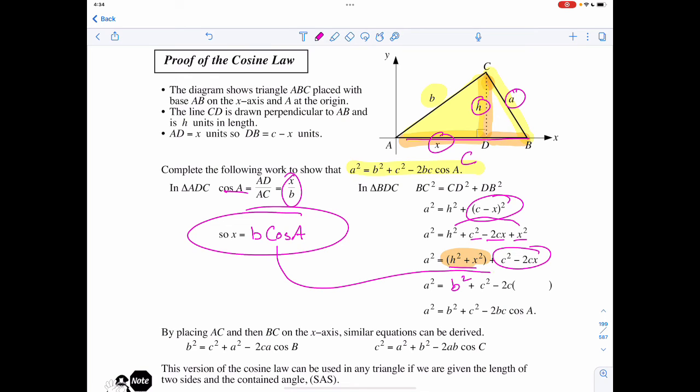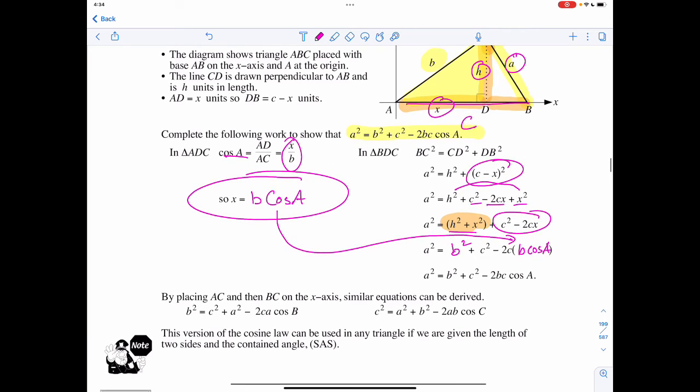So we substitute that in and call that b cos A. So now I can say that a squared is equal to b squared plus c squared. All they did was they rearranged the order of the multiplication. They multiplied the b first instead of c, but it doesn't really make a difference. Minus 2bc cos a.